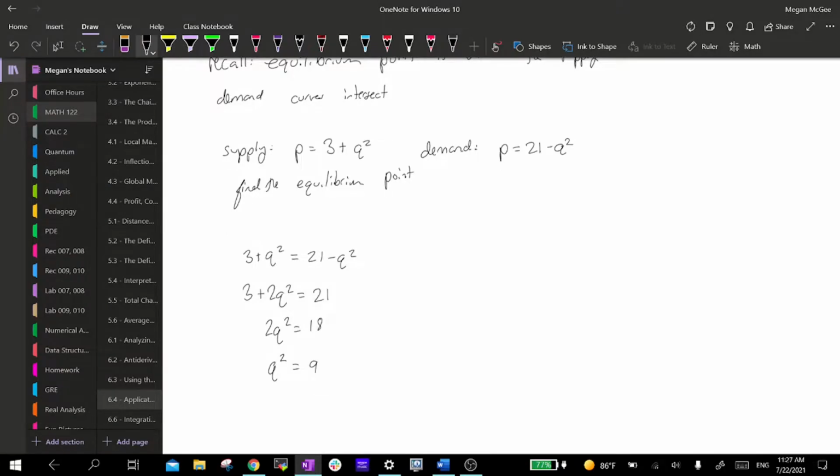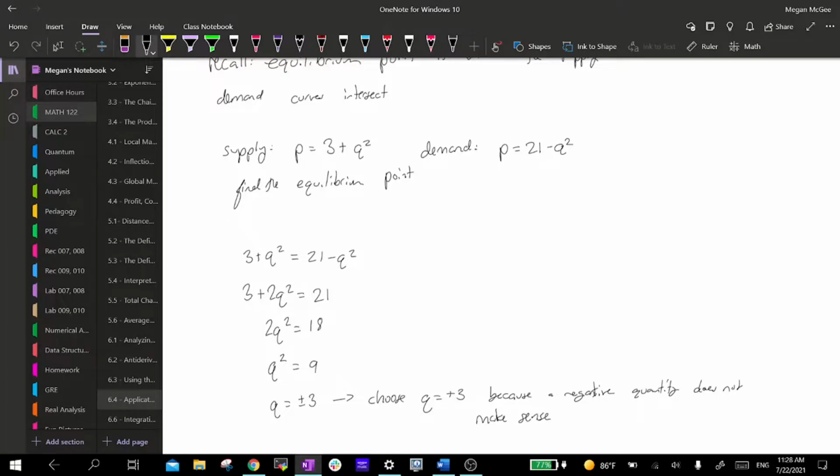If we take the square root, we get Q is equal to positive or negative 3, but having a negative quantity doesn't make sense, so we choose Q is equal to positive 3, again because a negative quantity does not make sense in our context.